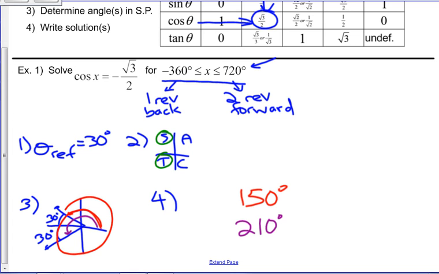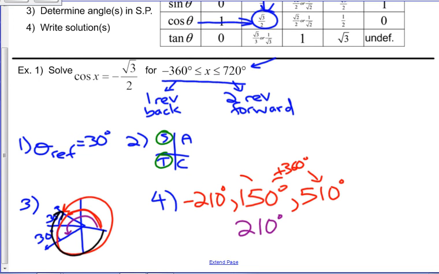And in the second revolution, it would come up at 360 plus another 150, or 510. So really, we just add 360 on. And that gets us our 510. If instead I had looked at going to that one, but backwards, it would look like this, which would have been negative 210.